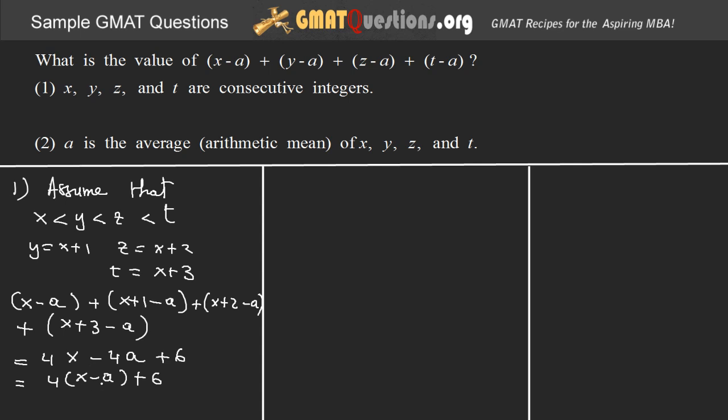So really, we cannot find the exact value of this expression. I just wanted to show you that there is no way to find this, no matter which order you choose for these consecutive numbers. You could have guessed that this is not enough, but I had to show you a little bit to convince you. And we can write that number one is not sufficient.